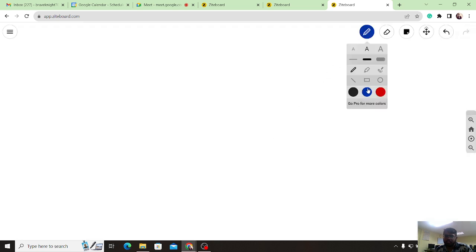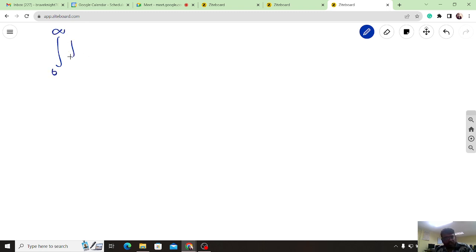So the first thing we have to remember is, for f(x) to be a PDF, this condition must hold, that the integral from 0 to infinity of f of x dx equals 1.